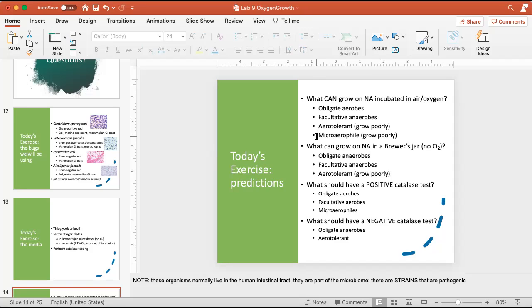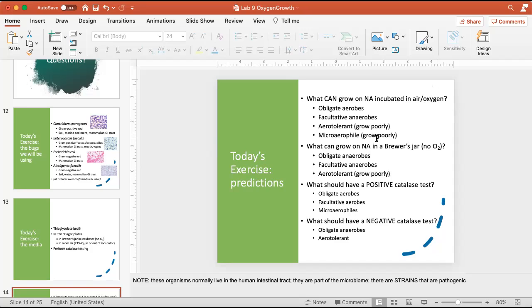Aerotolerant and microaerophile, remember, these are the 2 groups that it's okay for oxygen to be around, but it has to be in low concentrations. So if they're just exposed to air, they're going to grow, but they're going to grow poorly. They're not happy when they're at 21% oxygen. It's just too much oxygen for them.